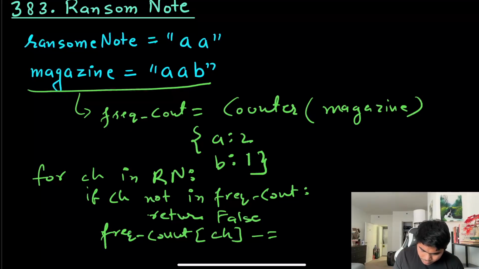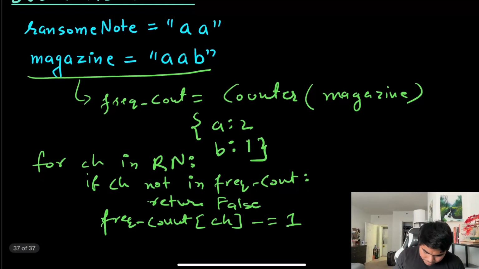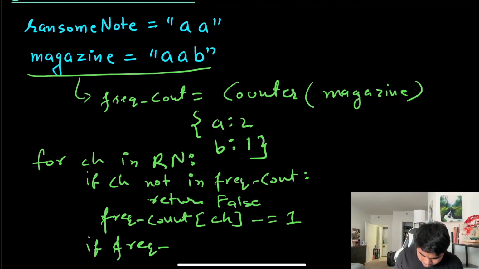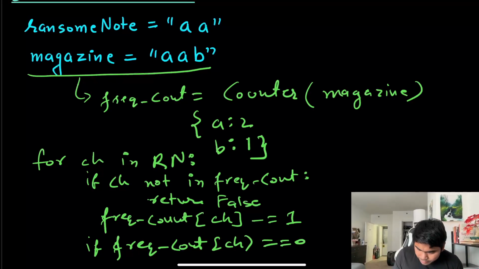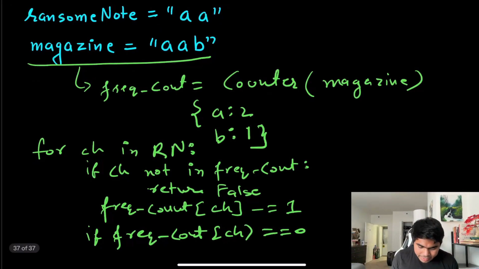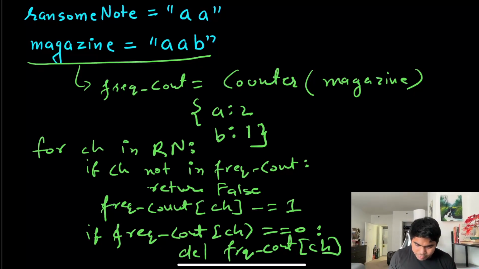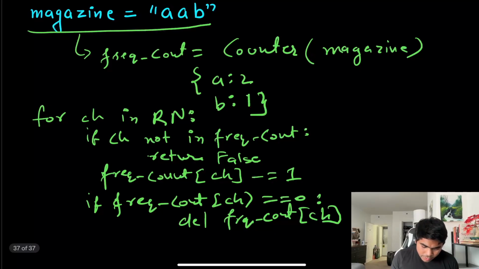And if this count becomes 0, that means I do not have any more of that character left in the magazine, so I will delete it from my dictionary: delete frequency count of this ch. So this will be the entire solution.